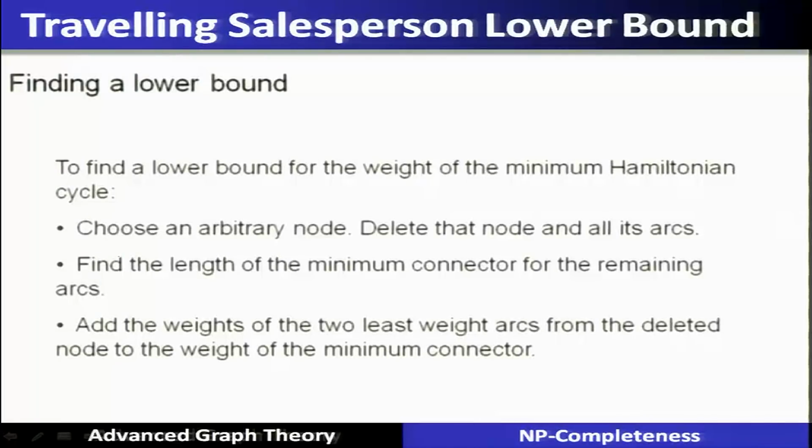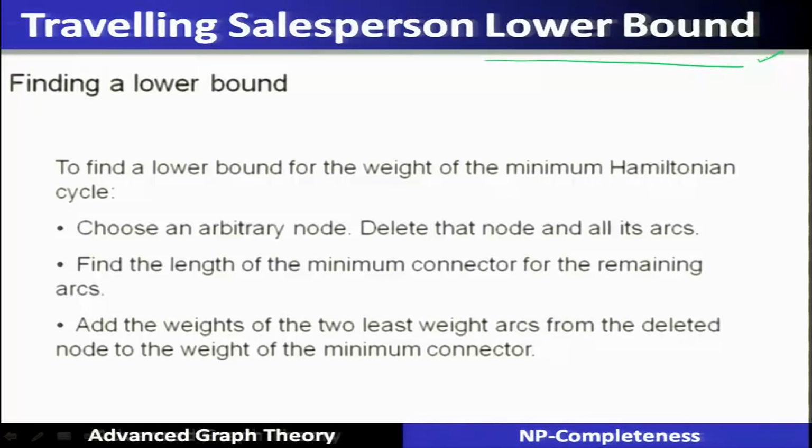Now let us find out the lower bound. Upper bound we have already computed through the nearest neighbor algorithm. To find a lower bound for the weight of the minimum Hamiltonian cycle, we choose an arbitrary node and delete that node and all its arcs.